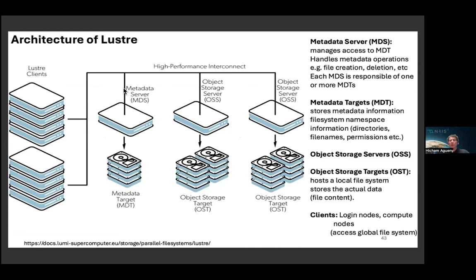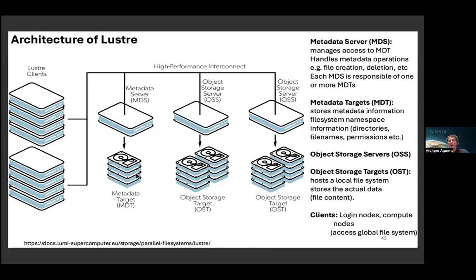We have a metadata server that manages access to the metadata storage and also handles metadata operations like creating and deleting files. The metadata storage is where metadata information such as directories, file names, permissions, and so on are stored.